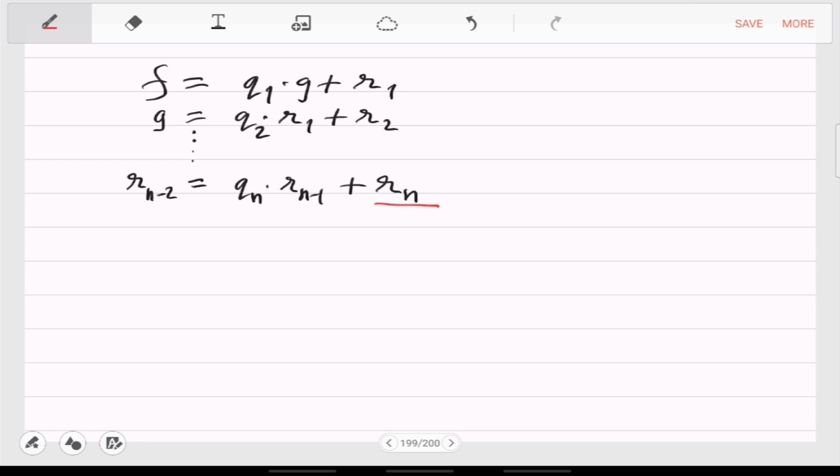In the end, the remainder will be a constant.